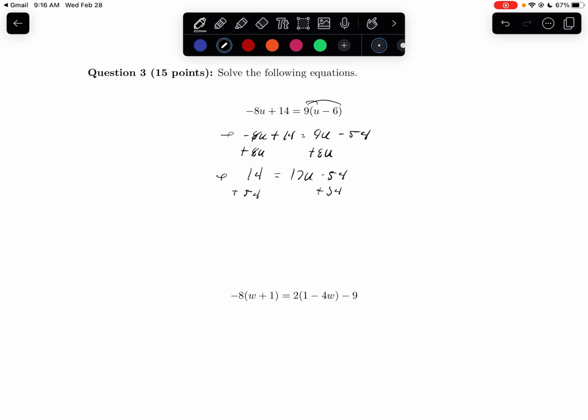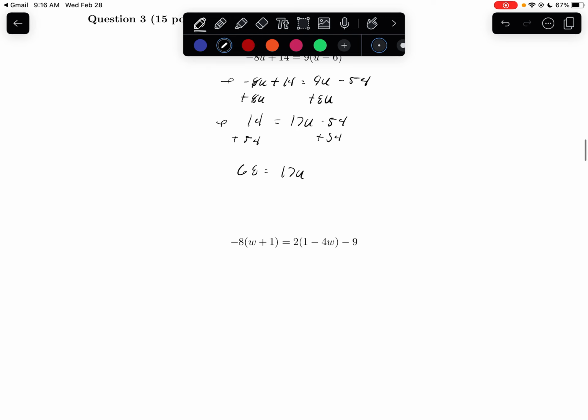So we'll have 68 is equal to 17u. And then now we can divide both sides by 17. Okay, so 68 divided by 17, that is 4. So we can cancel out the 17s here, and we get u is equal to 4.